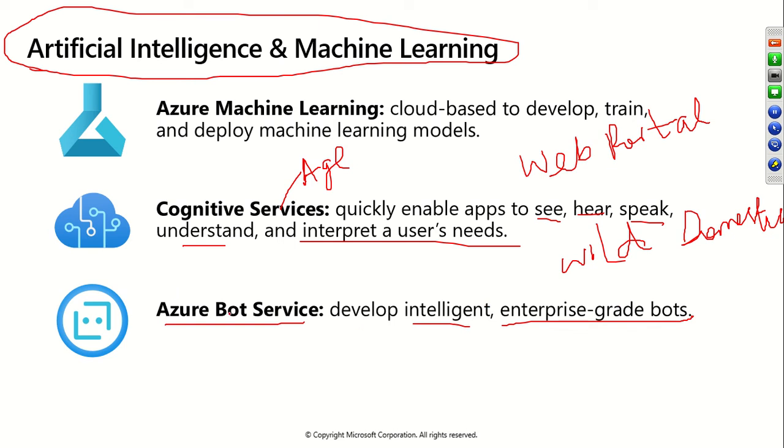With this Azure Bot Service, your company can create bots on things like Telegram, on your company websites, on your company WhatsApp. If you have a WhatsApp number for the company, you can integrate your Azure bot services with Telegram, with the website, with WhatsApp, even with things like Twitter.